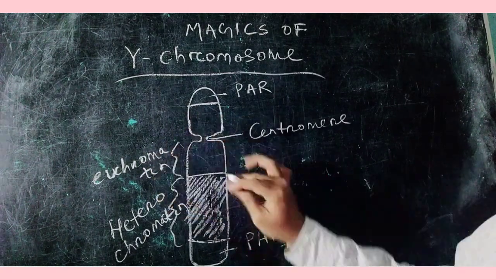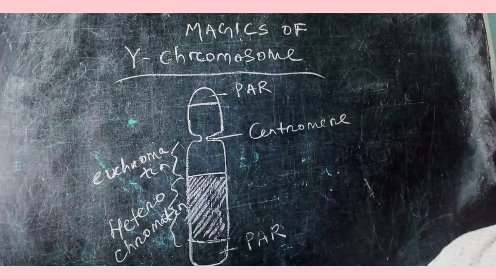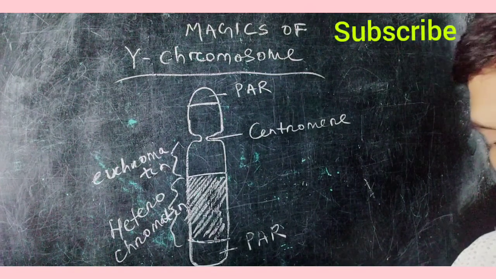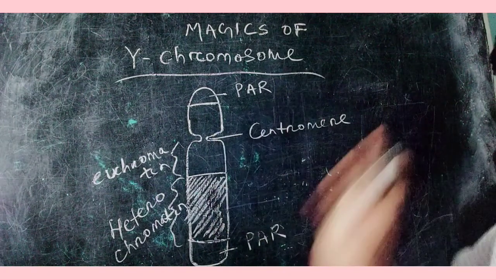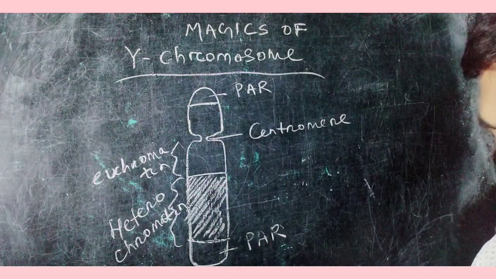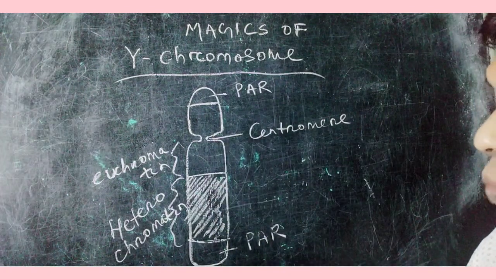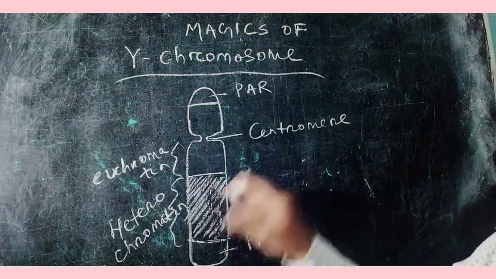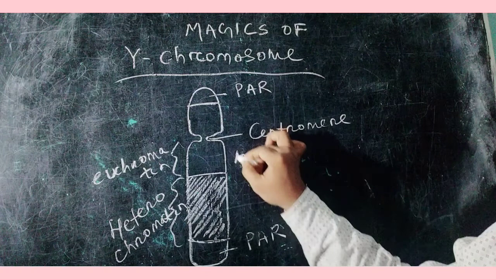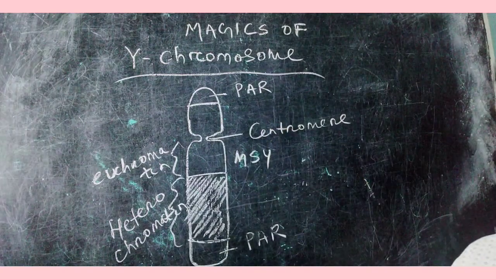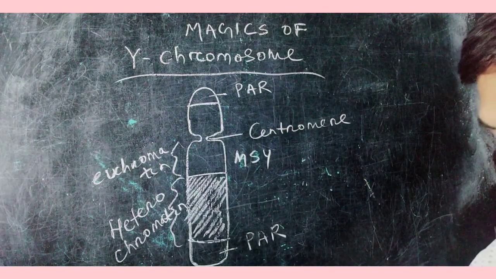Okay, this is the heterochromatin, this is the euchromatin structure. This region is called the male specific region. Both eu- and heterochromatin combinedly are called the male specific region of the Y chromosome.